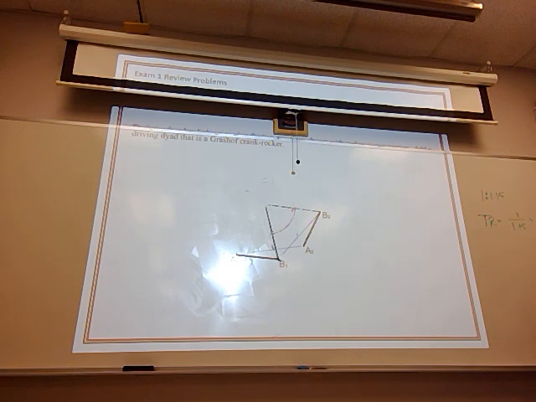So what I'm able to find from this is that I get an alpha of 167.4 degrees.